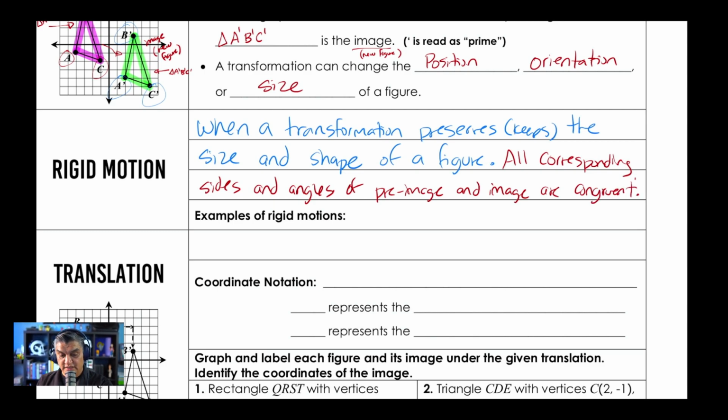So that means if I have an original figure and then I transform it or I move it in a rigid way, that means the same size and same shape. That means this and this, both the pre-image and the image, are congruent. All the sides are congruent. All the corresponding angles are congruent. Okay. So what are the three kinds of rigid motions? We have three of them. Translations are a rigid motion.